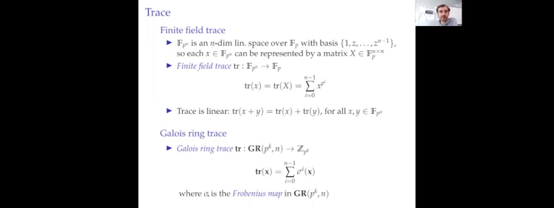In a finite field, this Frobenius map is just raising to the power of p. And in this Galois ring it's more complicated. I'm not going to go into details, but basically this formula is analogous to this formula if you think of sigma as just raising to the power of p in some sense. All right, so this defines the trace.